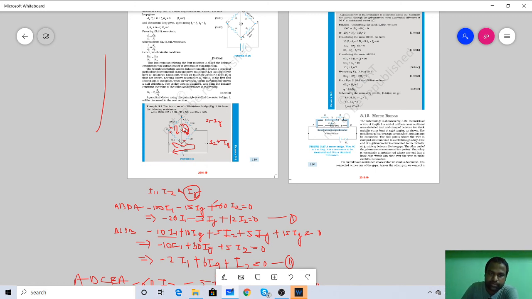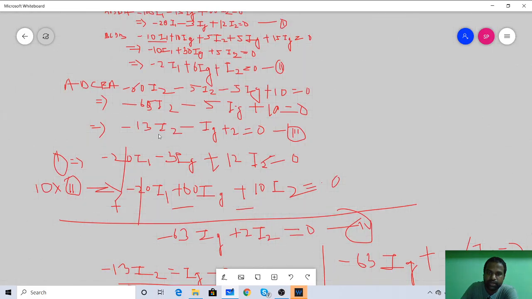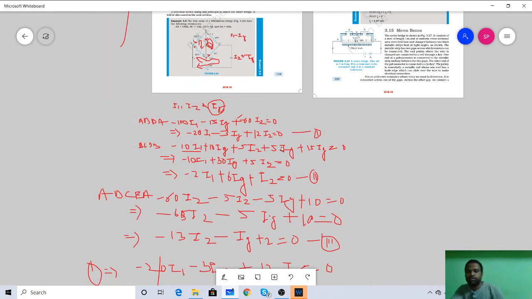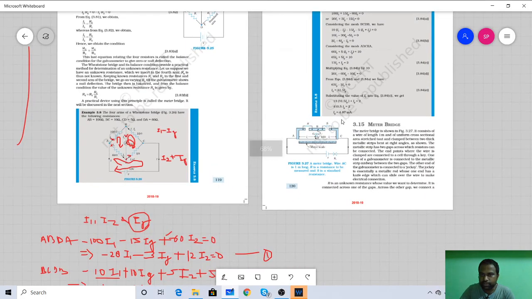Now you can also put the value of Iz in equation 3 and calculate I2, and put the values of I2 and Iz in either equation 1 or 2 to find out I1. So I1, I2, Iz, all three values you can calculate.